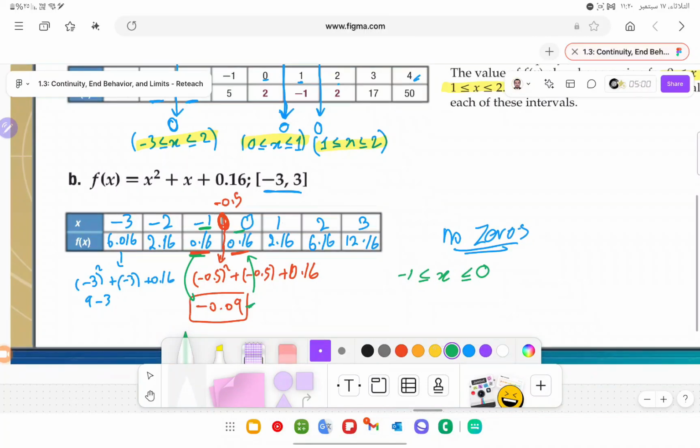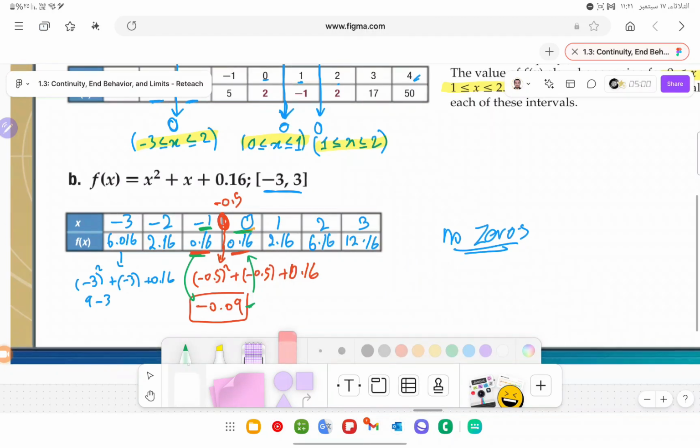Okay, so the interval is between only negative 1 and 0. So there will be a zero here. But when we need to write it here, sorry, I forgot.